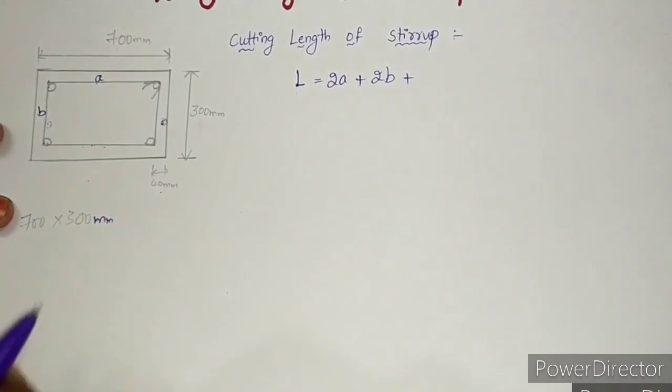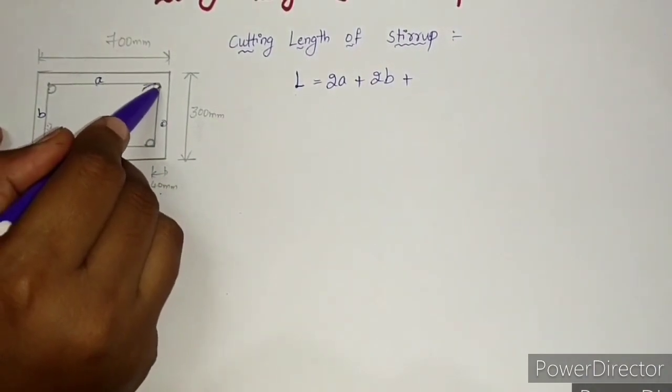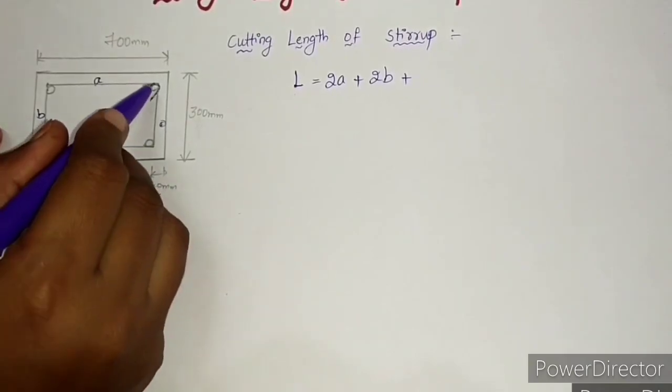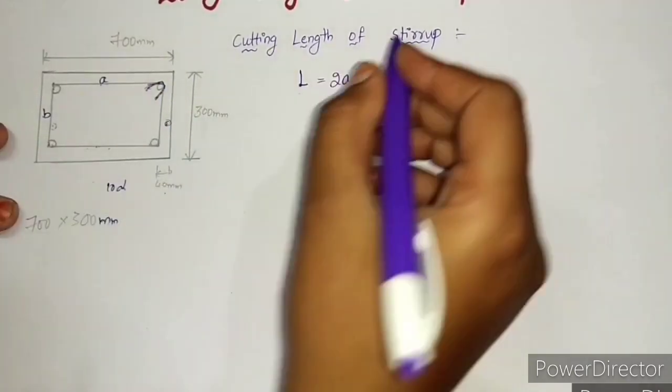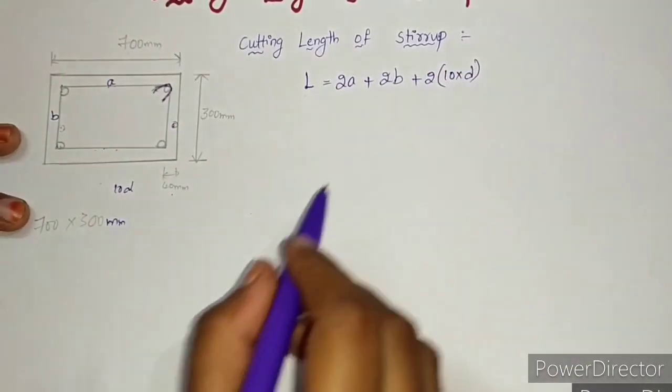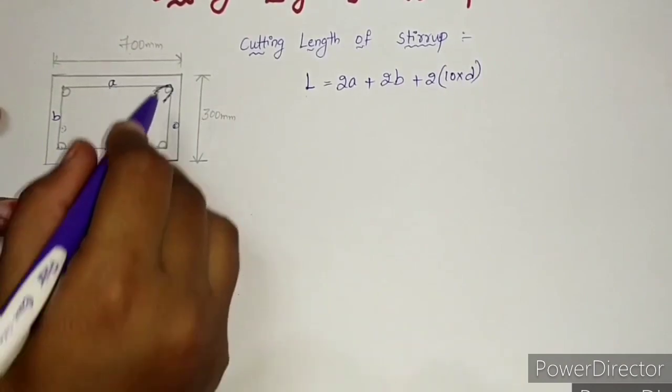Now we are adding the hook length, that is taken as 10 dia. Here we have two hooks, this one and this one, so we are taking 2 into 10d. Here d is the dia of the stirrup.